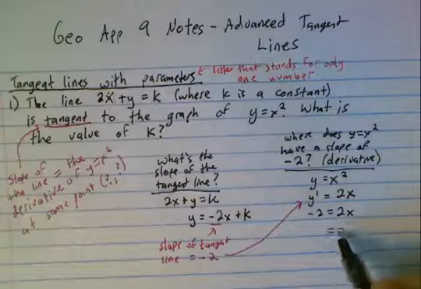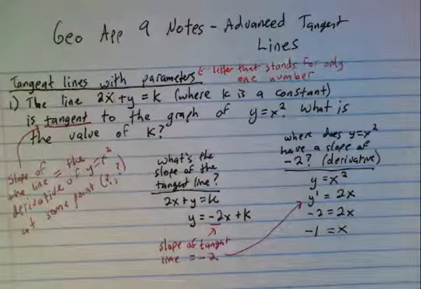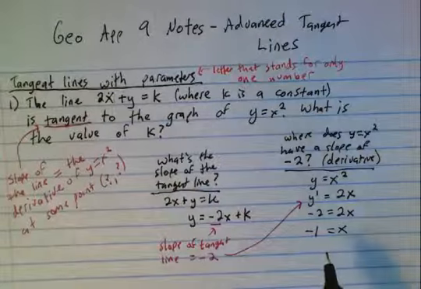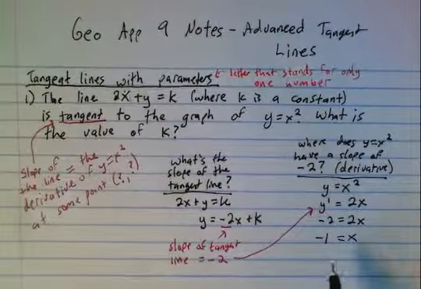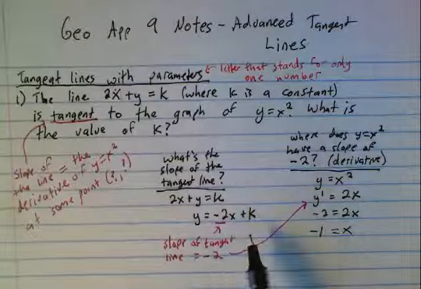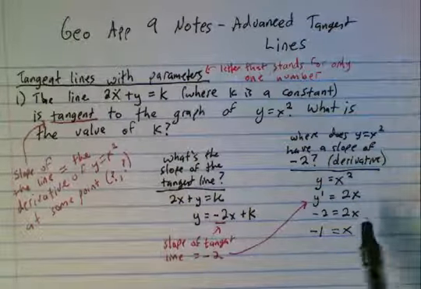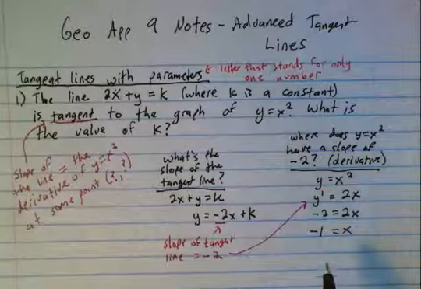Divide both sides by 2, x equals negative 1. So when x equals negative 1, we know that the slope of the tangent line is going to be negative 2, and the slope of the function itself is also going to be negative 2. So we're getting really close.